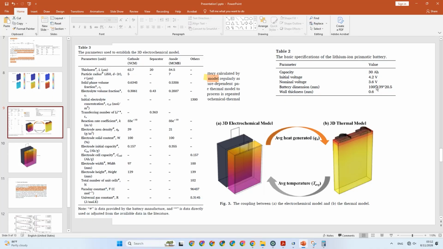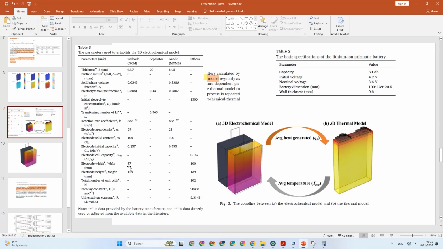It may be for this. 139, 25. This is 100, 139, 29. It may be for this. Yeah. But for this, it must be different.